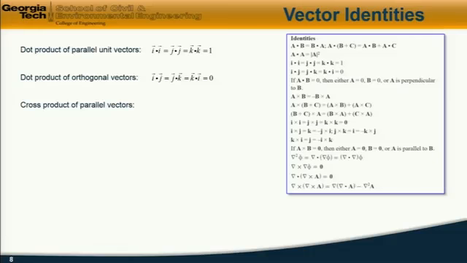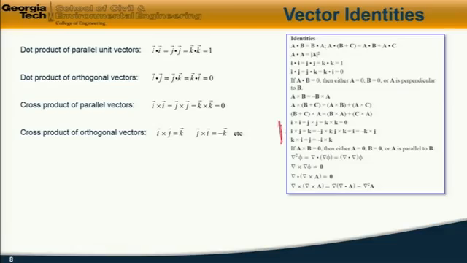The cross product of parallel vectors, i cross i, etc., is 0. But the cross product of orthogonal or perpendicular unit vectors is, for example, i cross j is equal to k, j cross i is equal to minus k, etc., for the others. And these products are all given in the reference handbook in this section here.